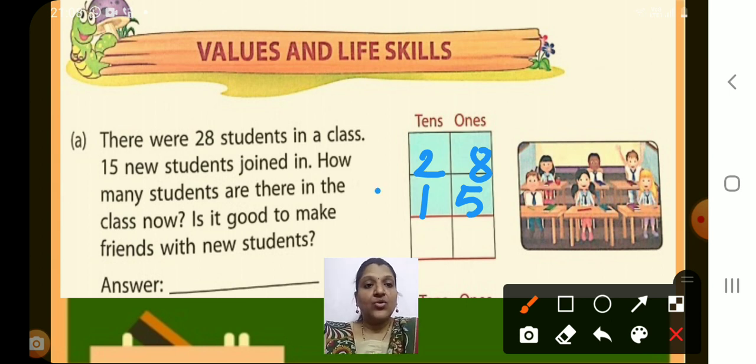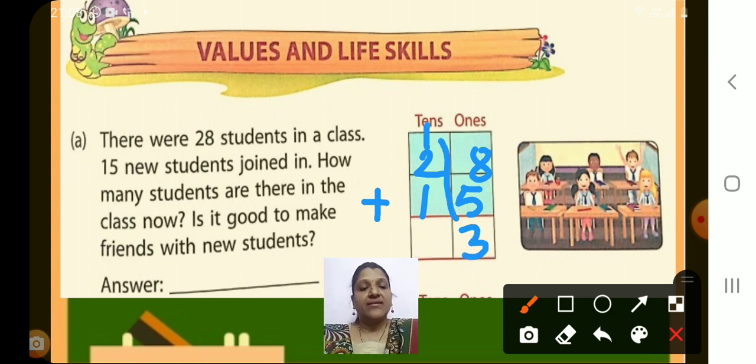So we have to add 15 in 28. We have to do the addition. So let's do the addition of numbers in ones place first. 8 plus 5 is 13. 13 is a 2-digit number. So we will write number 3 here and we will carry over 1 over here.